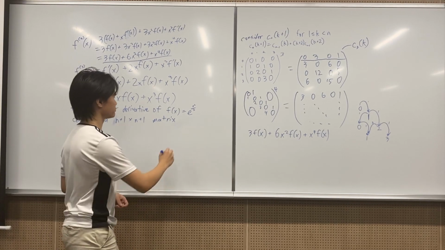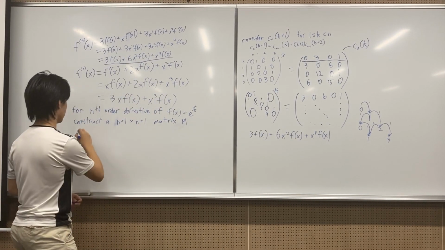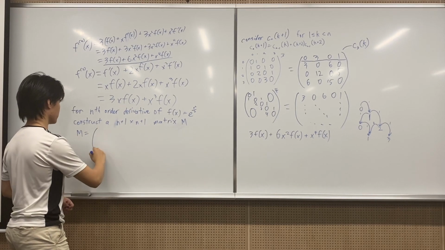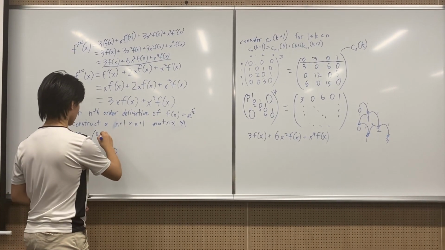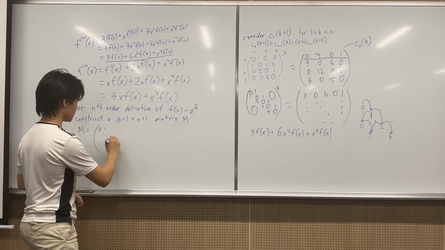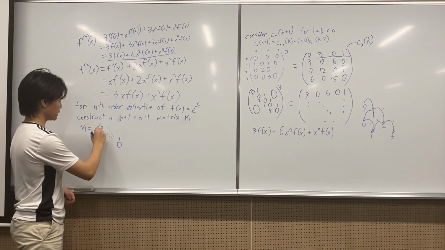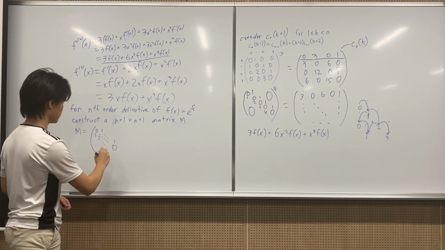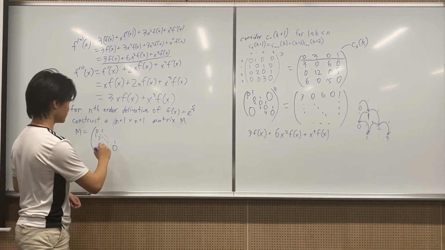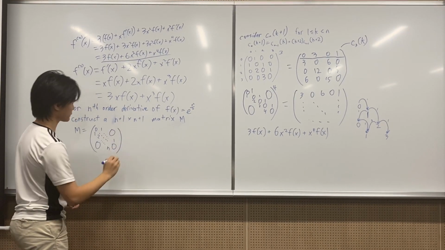Let's call that M, where M has zeros along the diagonal, ones along the minor diagonal directly above, and 1, 2, all the way to n in the minor diagonal right below, and then zeros everywhere else.